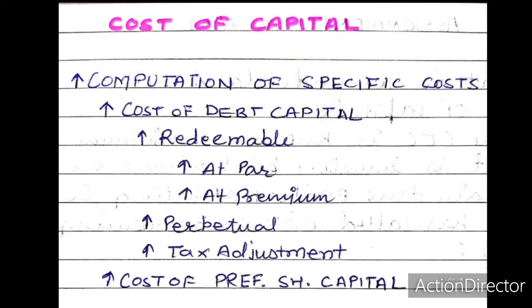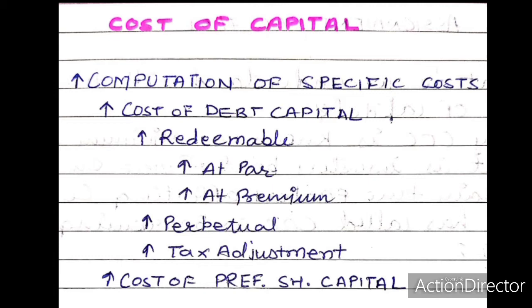If the company earns less than this interest rate, then the income available to the shareholders will be reduced and the market value of shares will go down. Therefore, the cost of debt capital is the contractual interest rate adjusted further for the tax liability of the firm.